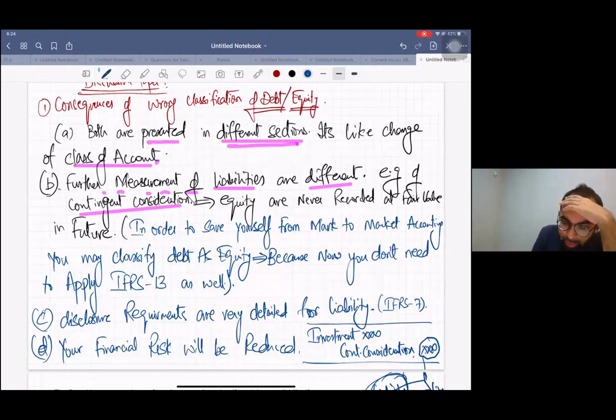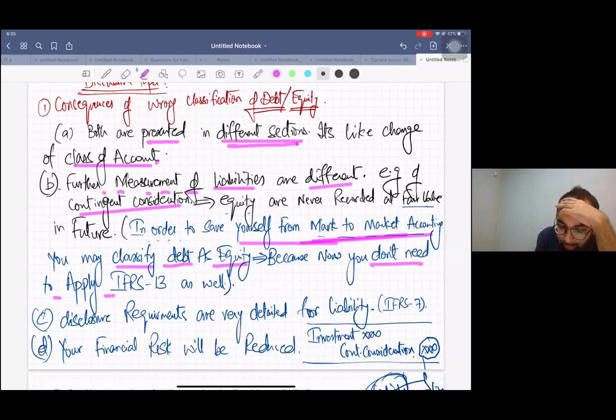Equity is never recorded at fair value, so to save yourself from mark to market accounting, now this is the fraud which people do. You may classify debt as equity, because now you don't need to apply IFRS 13 as well. See, this is the game.